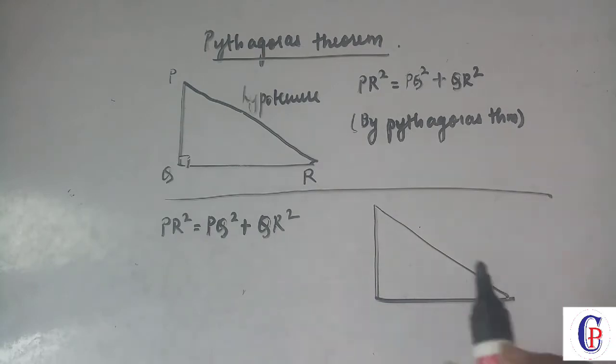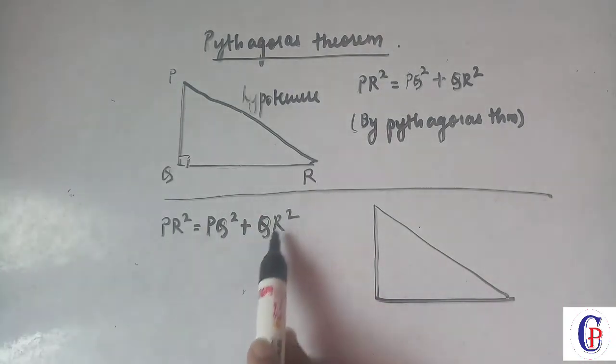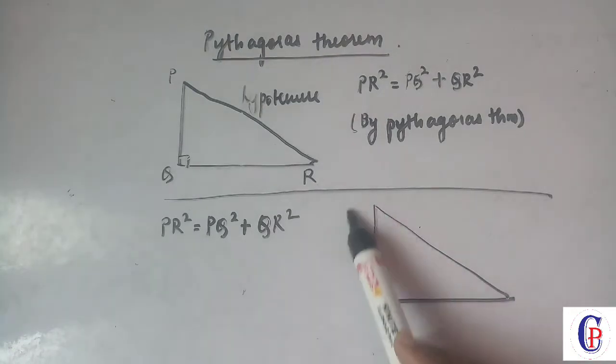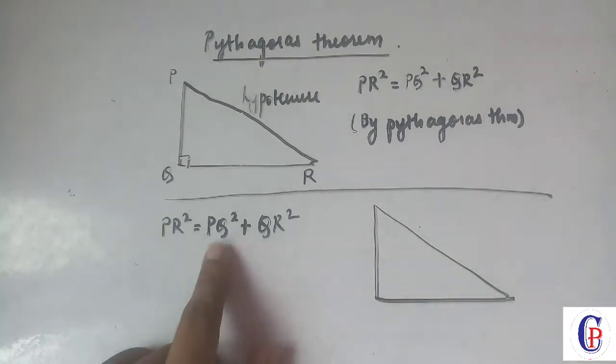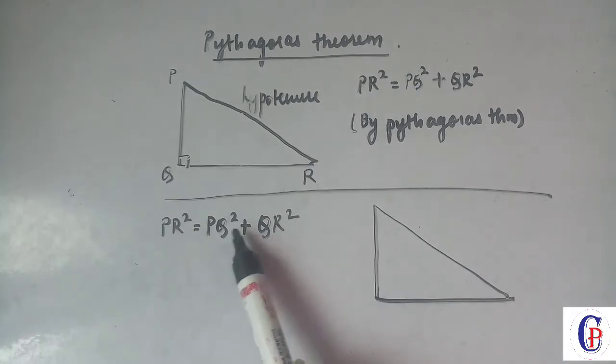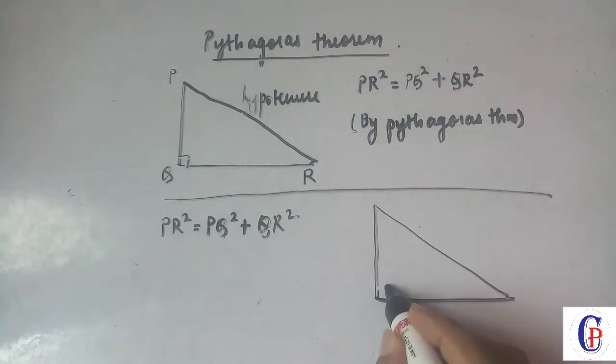Now the triangle's name is PQR, but where to place P, Q and R? If you see here, the letter Q is the same on the right side, so the letters which are the same will form the right angle.